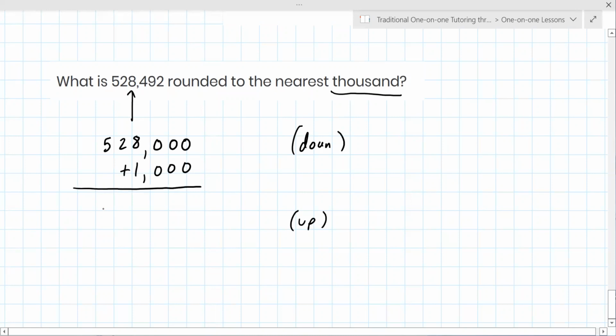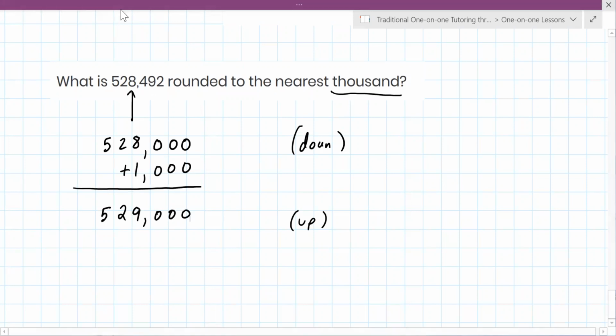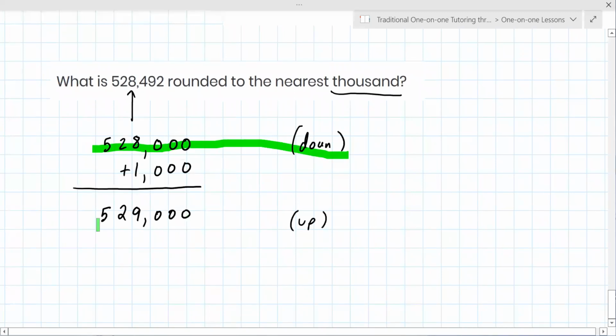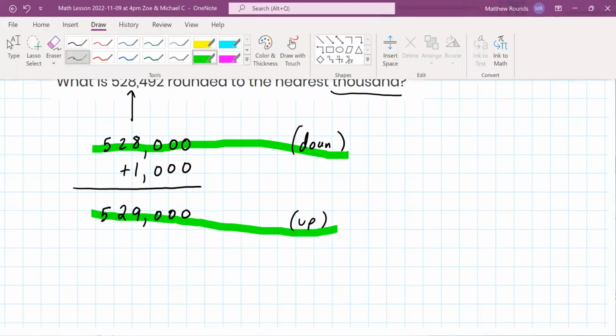When you add 1,000 to it, it becomes 529,000. So those are your only possible answers, Michael. There's no other possibility between, except for 528,000 and 529,000. You got it? Yes.